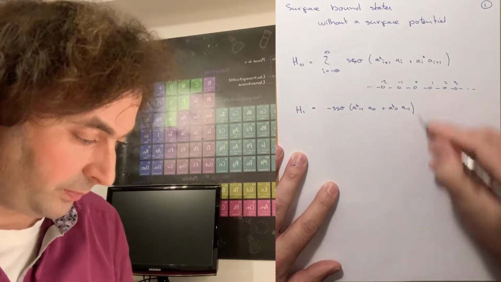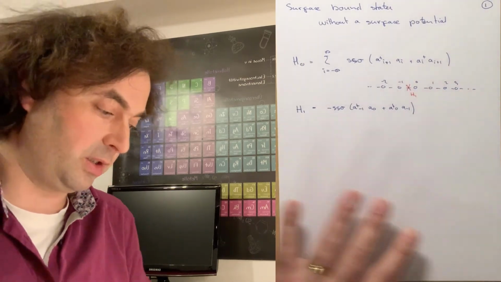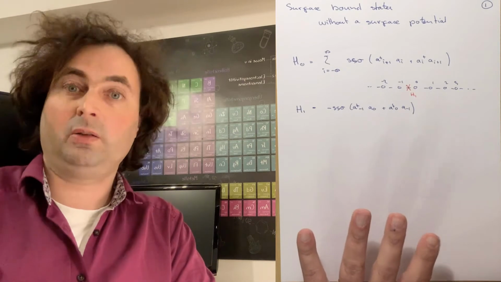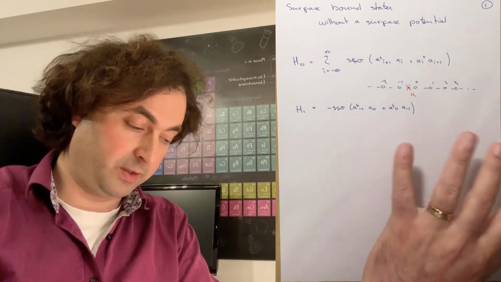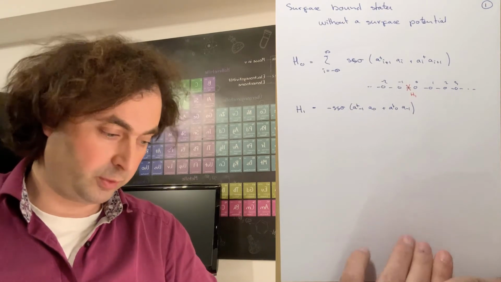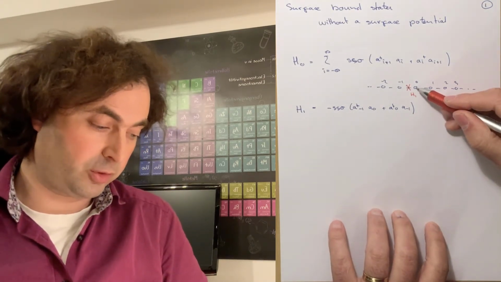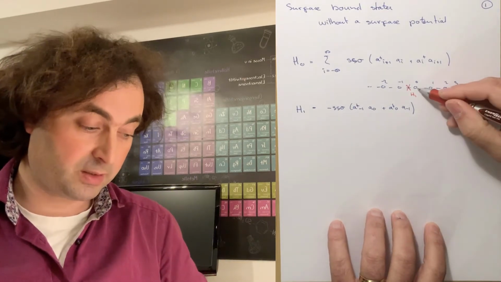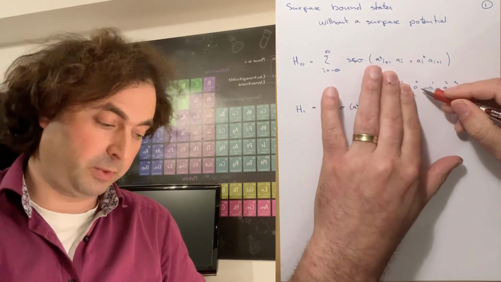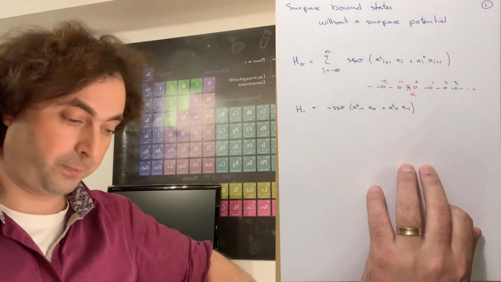So H1 is basically cancelling the hopping between these two sites. We then have still a Hilbert space with sites on all lattices from minus infinite to plus infinite. But if you look at the local Green's function for positive sites, it just looks as if it is a semi-infinite chain, because there's no way you can move from one side to the other.